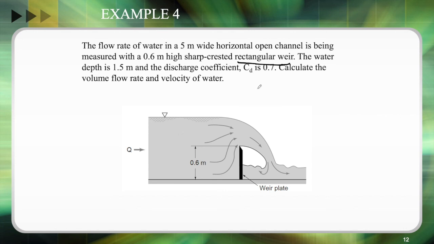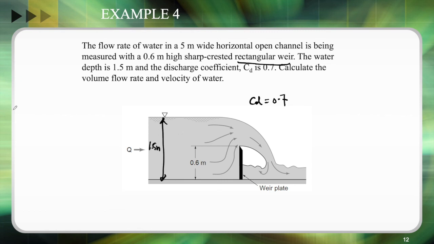The water depth is 1.5 meter. So you are already given the depth of water. And the discharge coefficient, CD, given is 0.7. You have to calculate the volume flow rate and velocity of water.